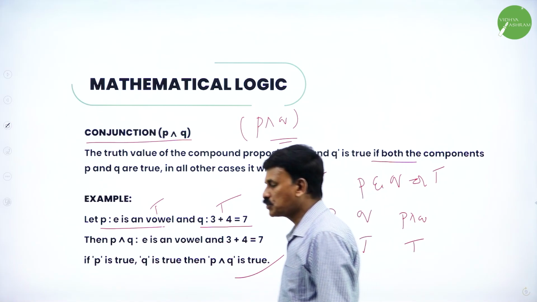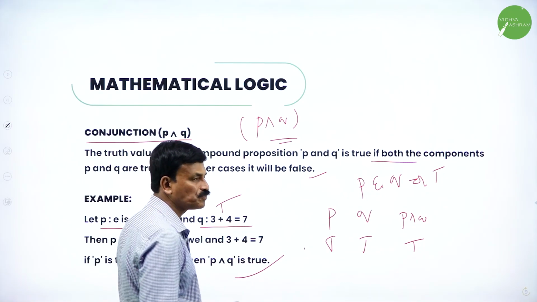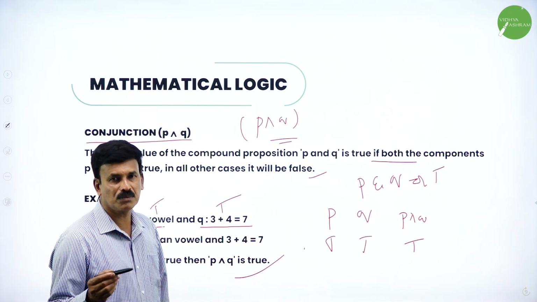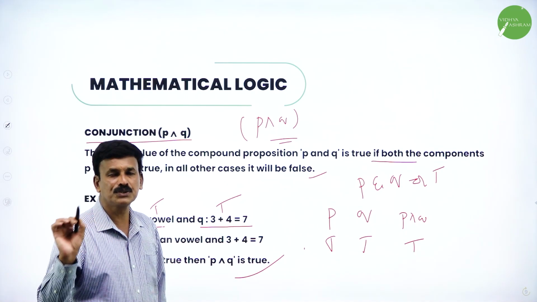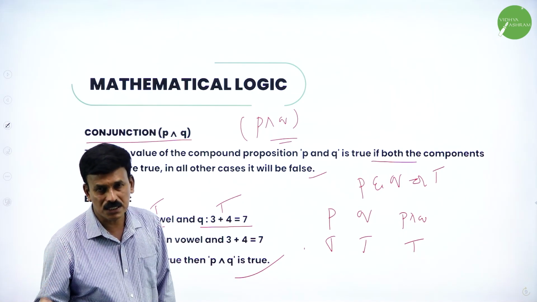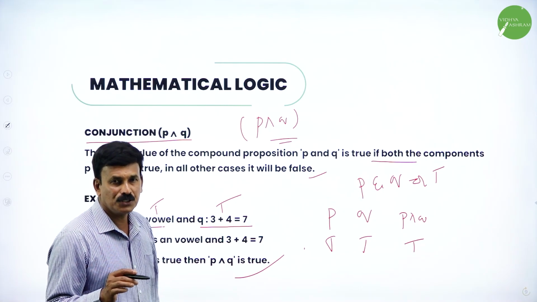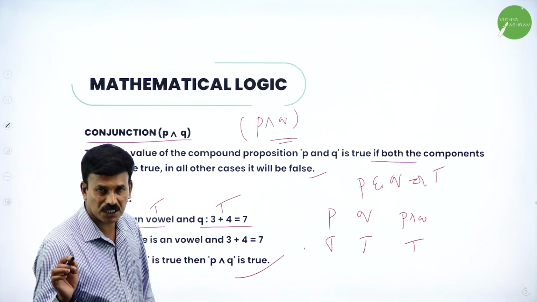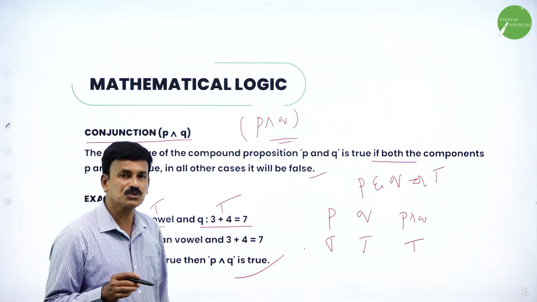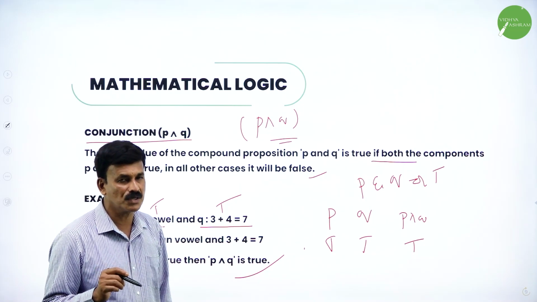So how to write the truth table for this conjunction? To write the truth table for conjunction, true and true is true. In all other cases, it is false. Now how to consider the elements? Constructing the truth table for the connectives is very important.